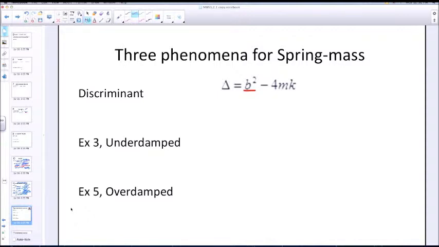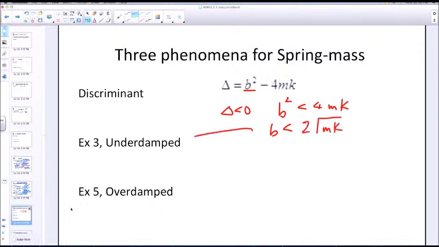Now, when the delta is less than 0, B squared less than 4mk, B less than 2 square root of mk, then you got under-damping. Then you have a trig solution.